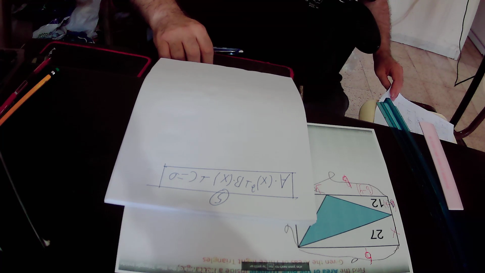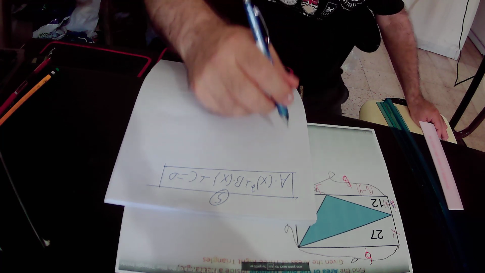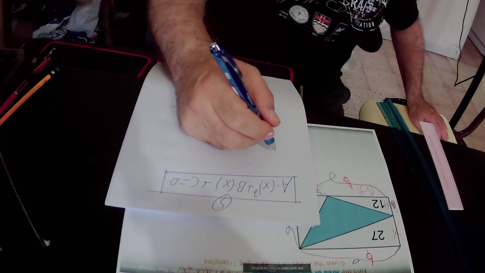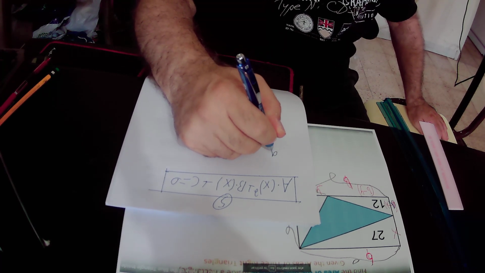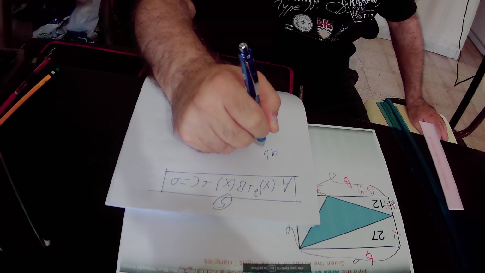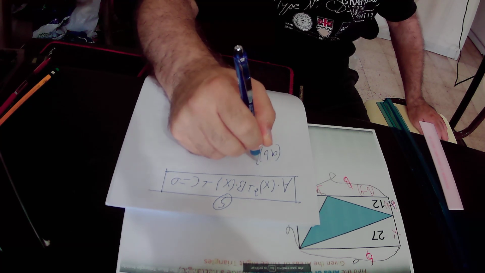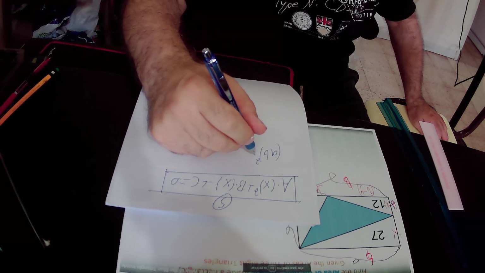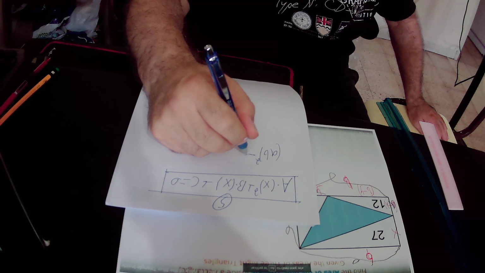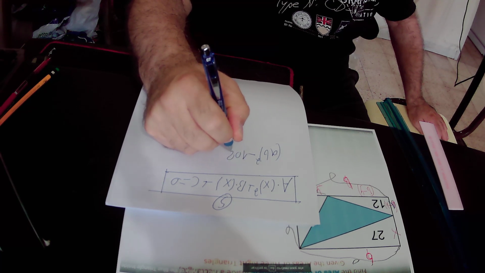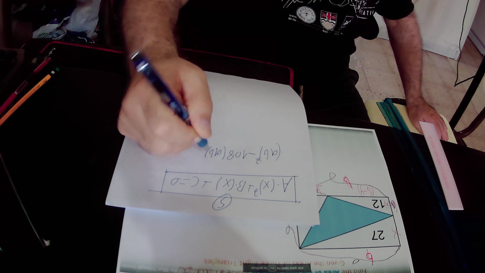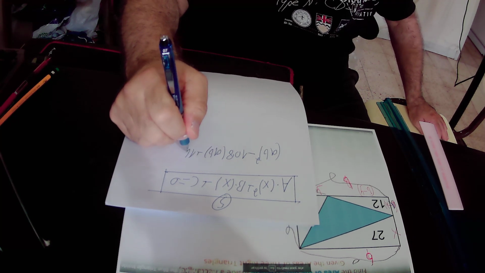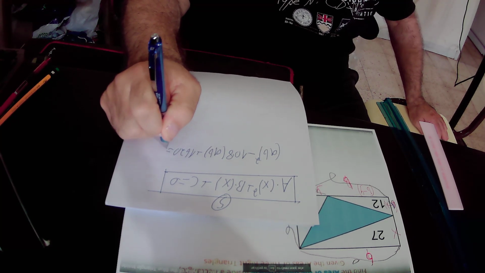So the formula that we arrived at is AB squared minus 108 AB plus 1620 equals 0.